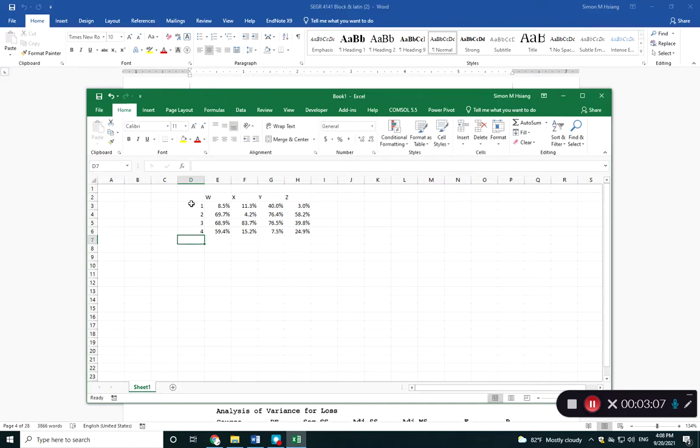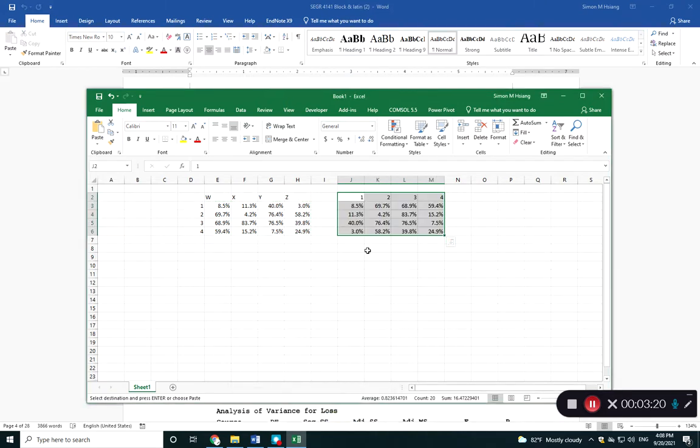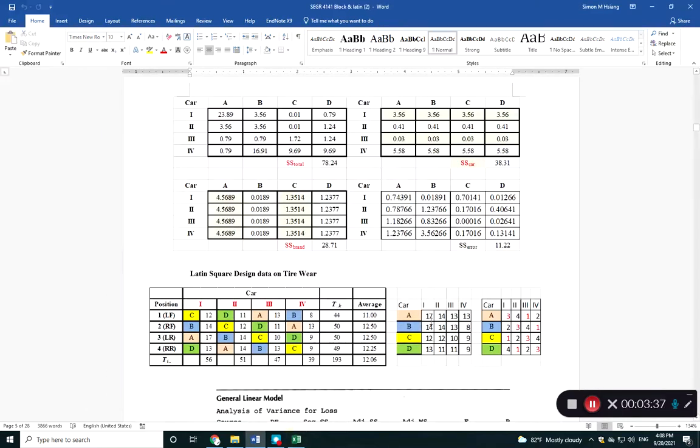And if I consider there are 4 positions, okay, I can arrange the data and then paste special, transpose. And then I just said, can you evaluate the sum of square one more time? And then I said, oh, but by the way, the data set here is from different brands, A, B, C, D. So you can rearrange them, A, B, C, D, and then redo it one more time.